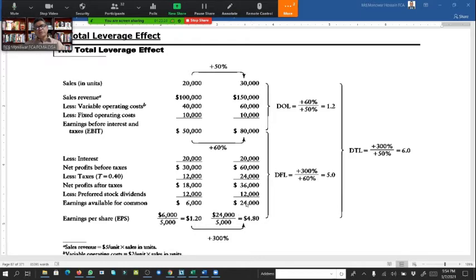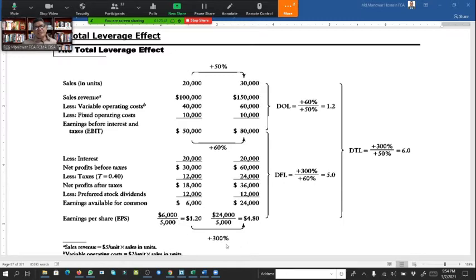Same way, the 24,000 earnings available for the common shareholder, if we divide by number of shares 5,000, because the number of outstanding shares is the same, we'll get 4.80. So here EPS is 1.20, but here EPS is 4.80.